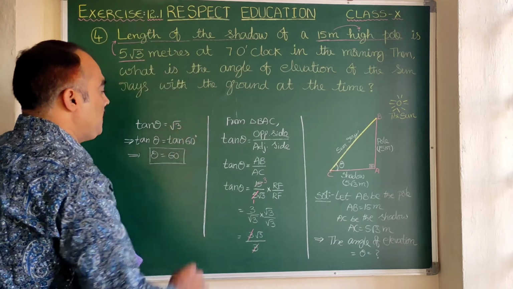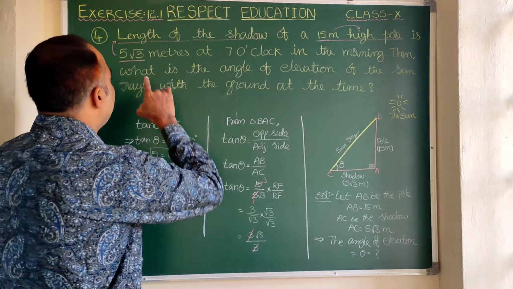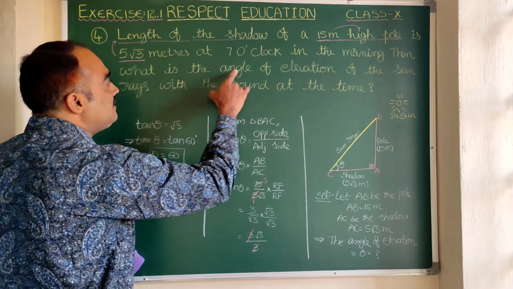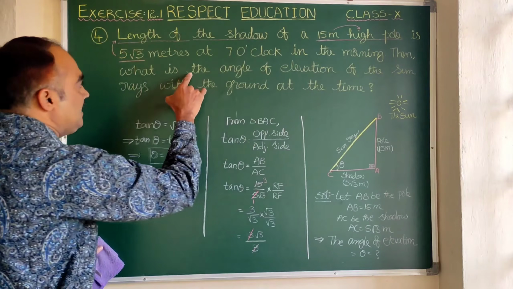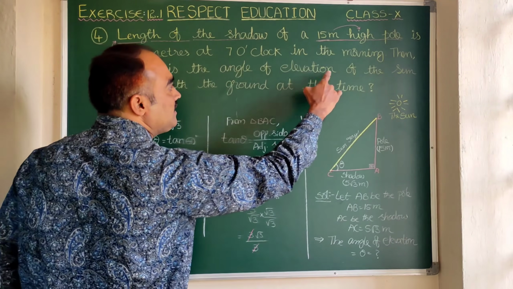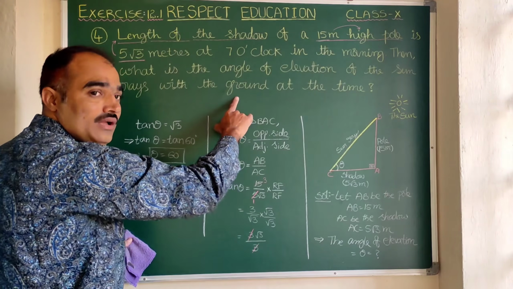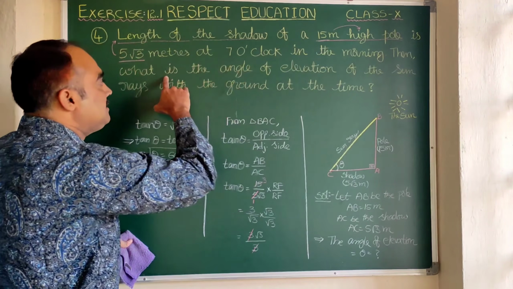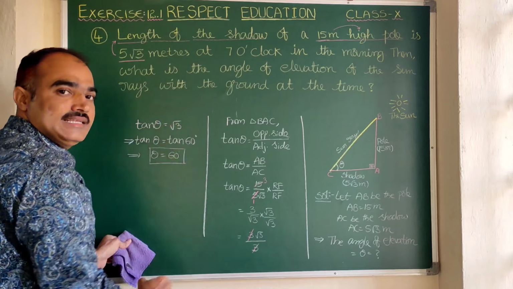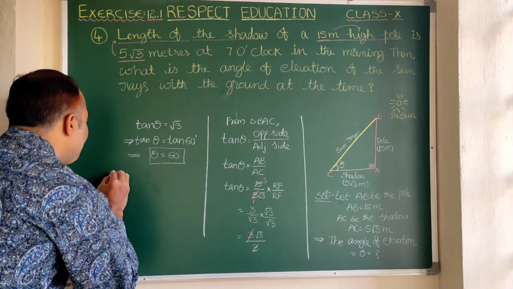Clear? Now we can write the conclusion. In the question you see, what is the angle of elevation? So we can write the angle of elevation of the sun rays with the ground at the time is 60 degrees. So let us write the conclusion.